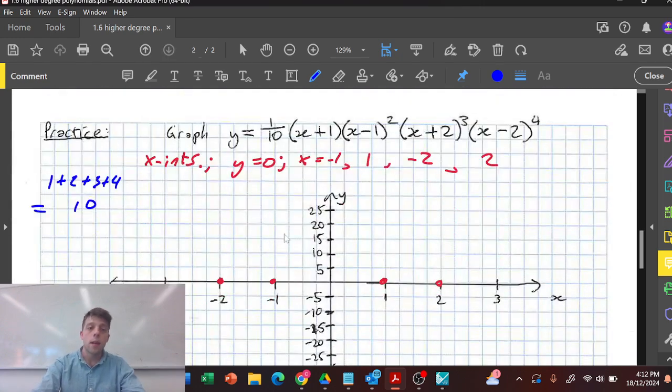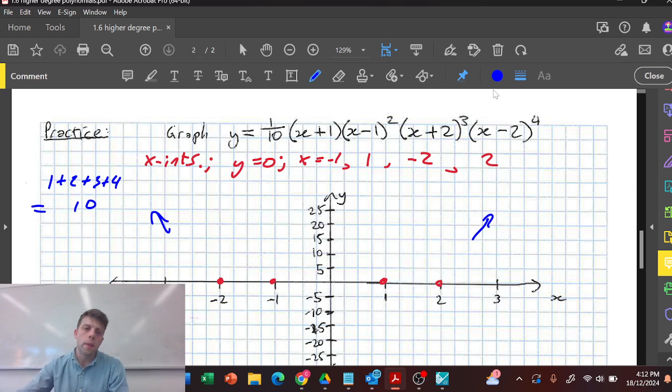In this case, we can see that there are no negative terms out the front of any of these factors, which means the leading term of the expanded expression is going to be a positive number. So on both sides of this graph, we're going to have lines going up like this. So the gradient is going to be negative on this side and positive on this side.